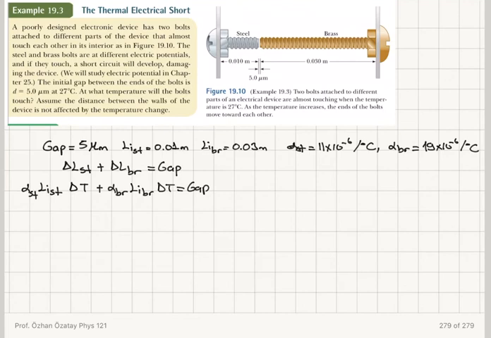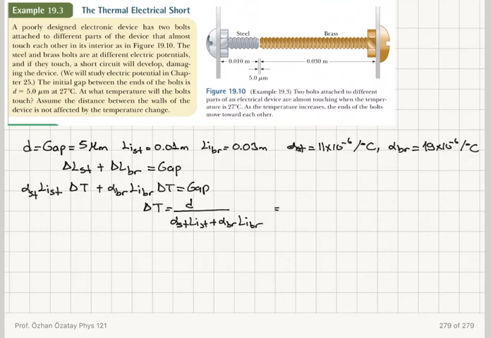And so I will find that delta T is this gap distance, let's call it D, divided by alpha steel L initial steel plus alpha brass L initial brass.